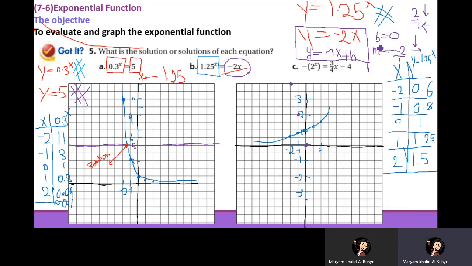I can use this one also for the rest of the part. 2 units down, 1 to the right. Then just connect your line.